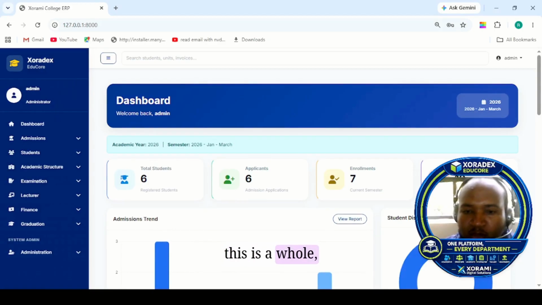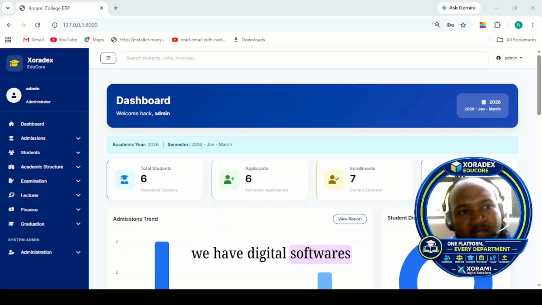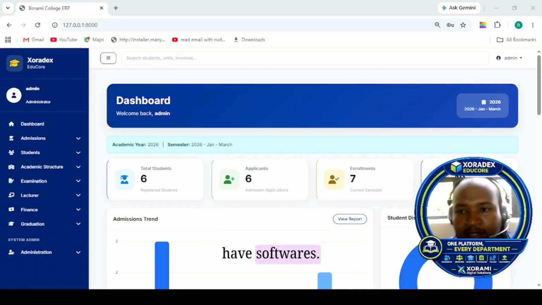So this is an entire system. And sometimes, yes, we have digital software because we have digital transformation tools. We have ERPs, let me call it so.